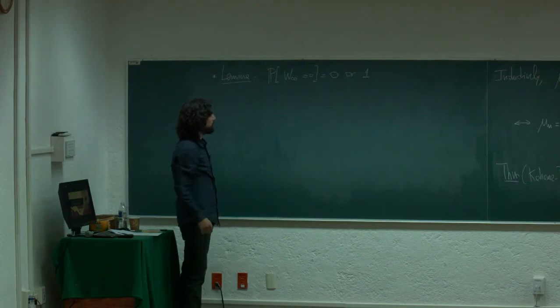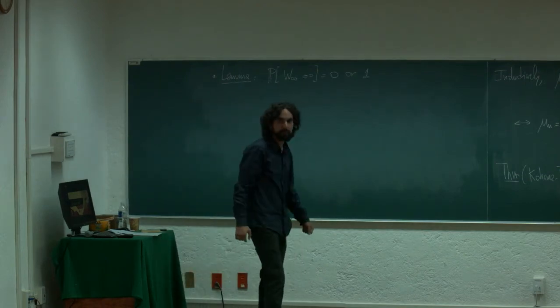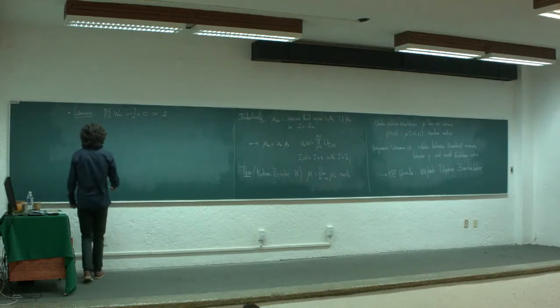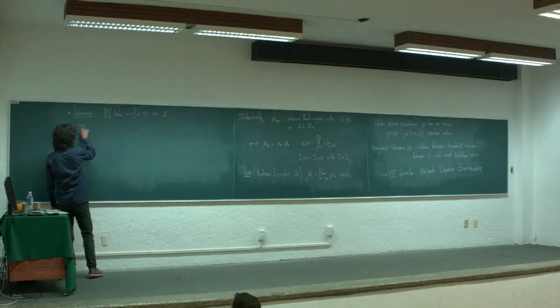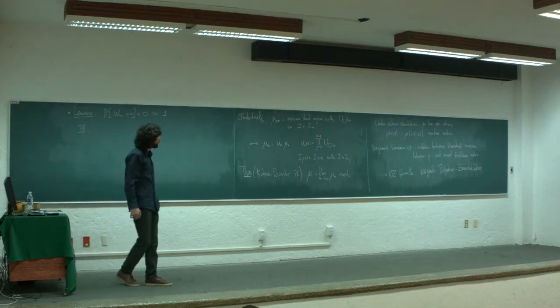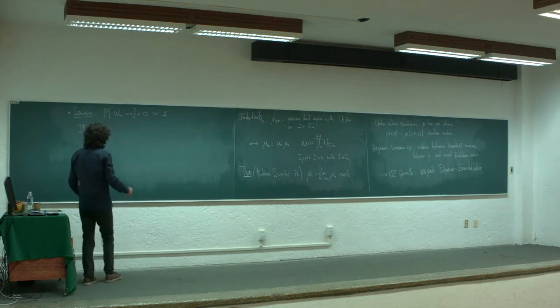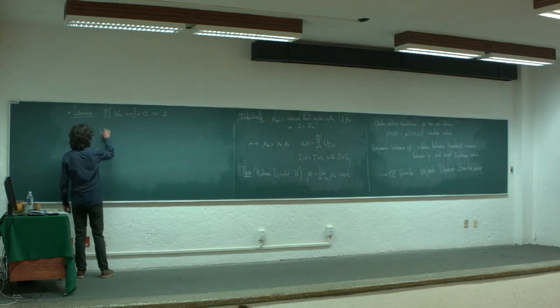So the probability that W infinity is equal to 0 is 0 or 1. And it's a very simple proof. Actually, the proof, I will give it on the tree, but it works just as fine on R^d, Z^d.